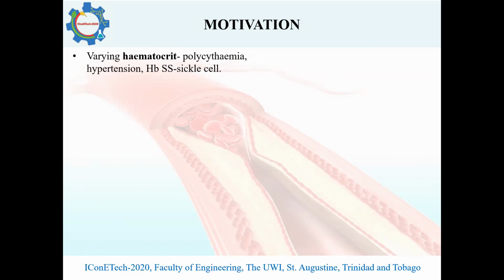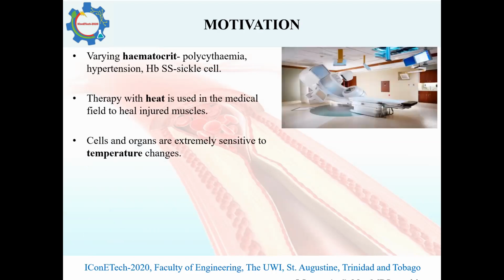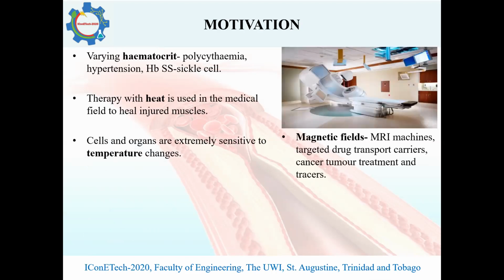There are also popularly used therapies involving heat in the medical field to heal injured muscles, and cells and organs are extremely sensitive to temperature changes. Magnetic fields are also used in the medical field, for example, in MRI machines, in cancer tumor treatment and tracers.